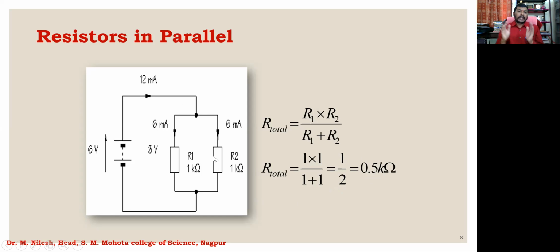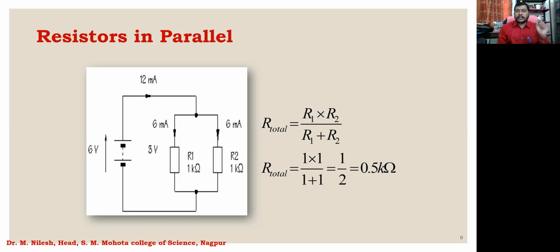So remember this, whenever resistances are connected in parallel, the total resistance of the combination decreases, right? And that decrease is always less than the smallest resistance connected in that combination. Remember this, what I've told you.